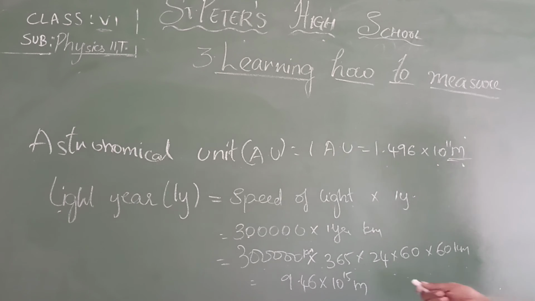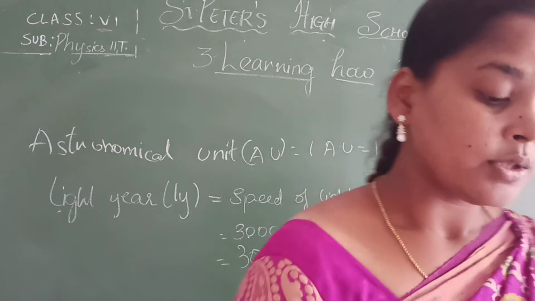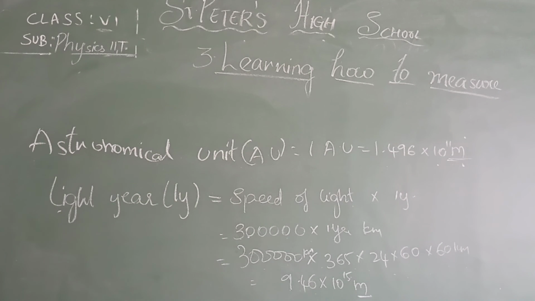So here it is 9.46 into 10 to the power of 15 meters. If you want kilometers, just decrease this. That is 9.46 into 10 to the power of 12 kilometers. Okay. This is regarding the units of length, astronomical unit, light year.